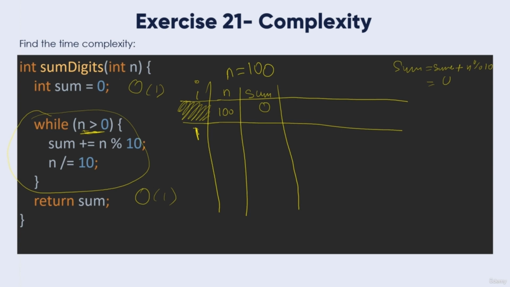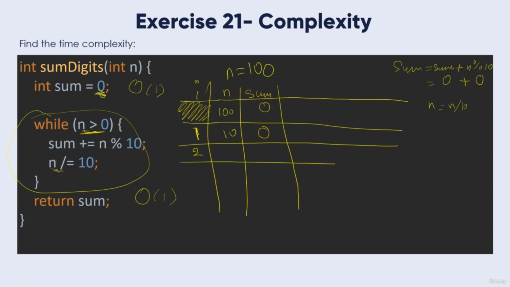The old sum is 0 because we have initialized it as 0, plus n modulo 10. 100 divided by 10 is 10, and there is no remainder. So n modulo 10 is 0. So 0 plus 0, sum is 0. Now n is divided by 10, so n equals the old n divided by 10. 100 divided by 10 is 10. Okay, this is the first iteration.